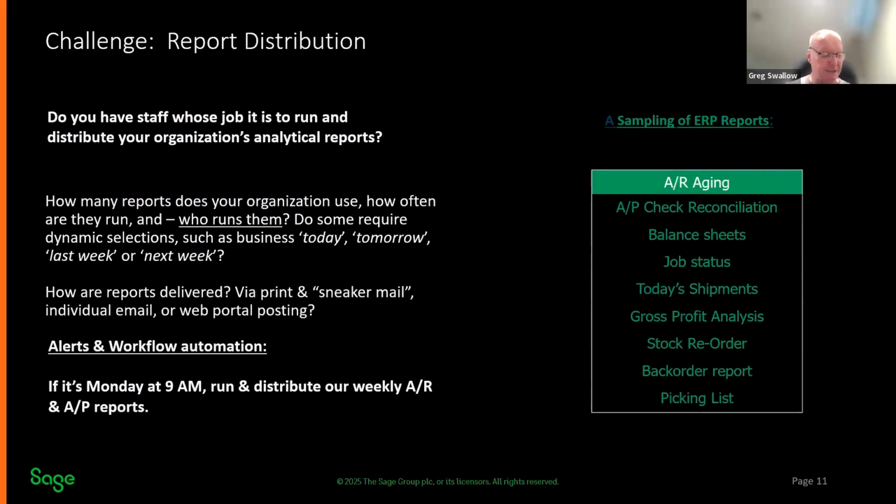And then reports distribution. We live on reports, right? All day long, you're generating AR payment reports, cash on hand, discount levels, whatever report that you want to generate out. Who's responsible for generating them? Who's responsible for getting them to the person that consumes the data? And is that one report sent to 3 different people who have to go through that report and then itemize what's actually important to them?